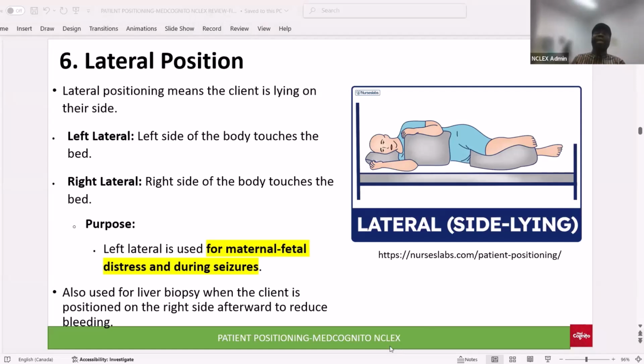It's also used for liver biopsy, when the client is positioned on the right side afterward to reduce bleeding. So the right lateral position is for liver biopsy, and the left lateral position is for when you want to reduce maternal fetal distress.